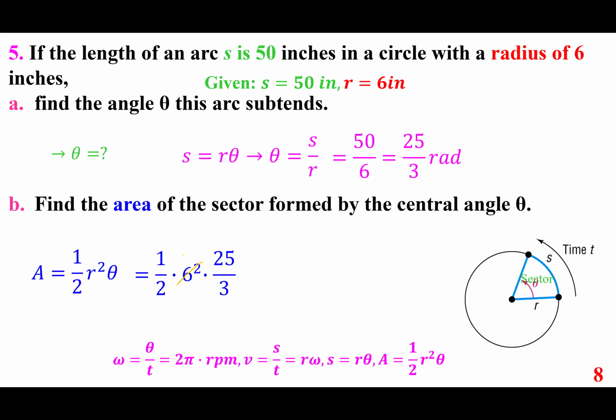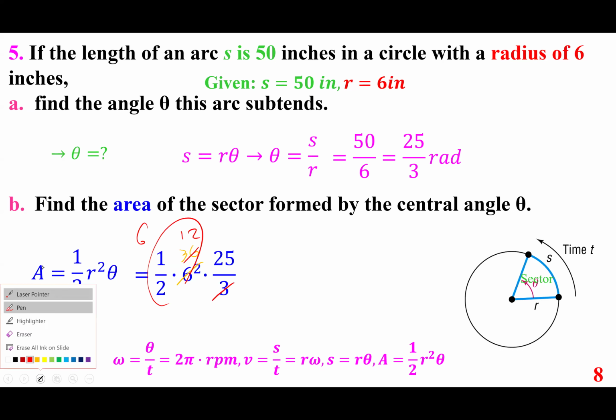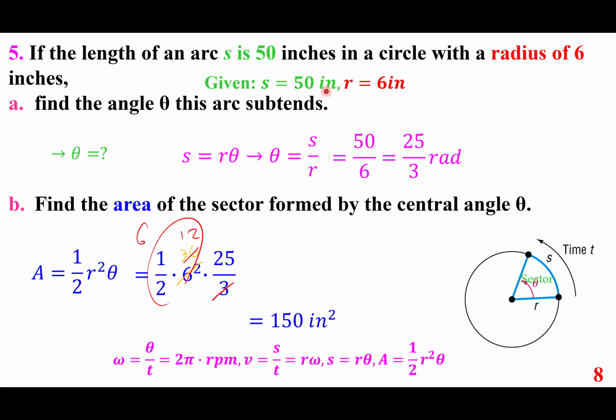Notice this is 36, and 6 cancels this one. And this is 6 times 25, 150 units of area, because this is in inches, 150 inches squared. So from the units, you can get the proper units as well.